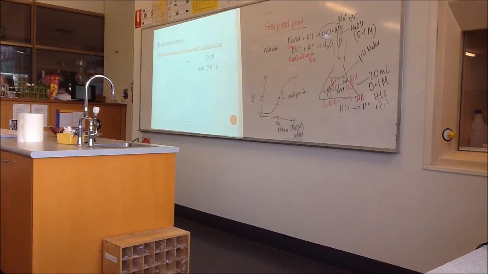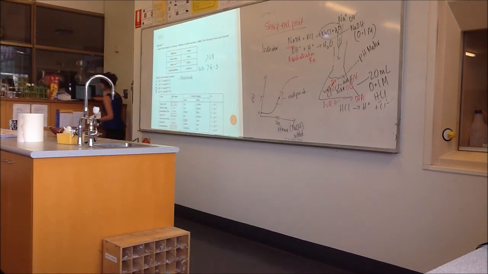If we want to look at a pH of 7 at the equivalence point, which indicator would we use? Bromothymol blue. Would we use phenolphthalein? No, because that tells us a higher pH. Okay, let's hand this out.